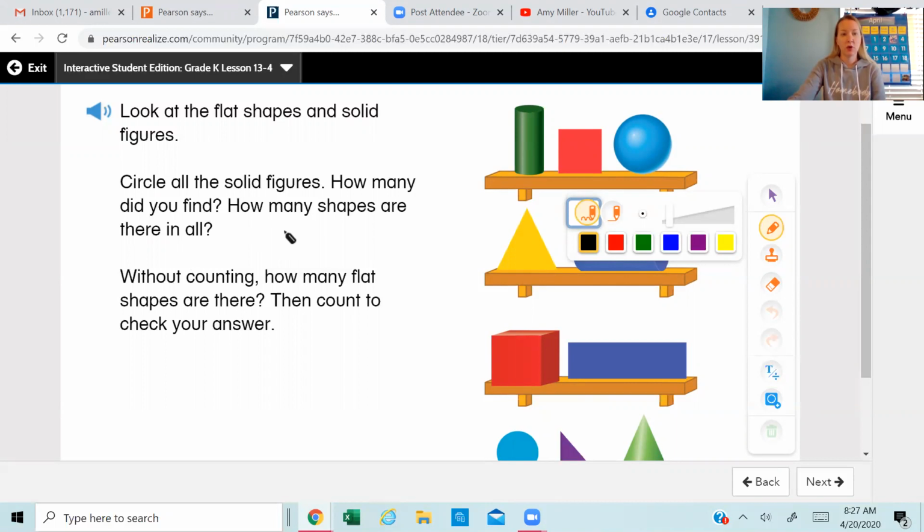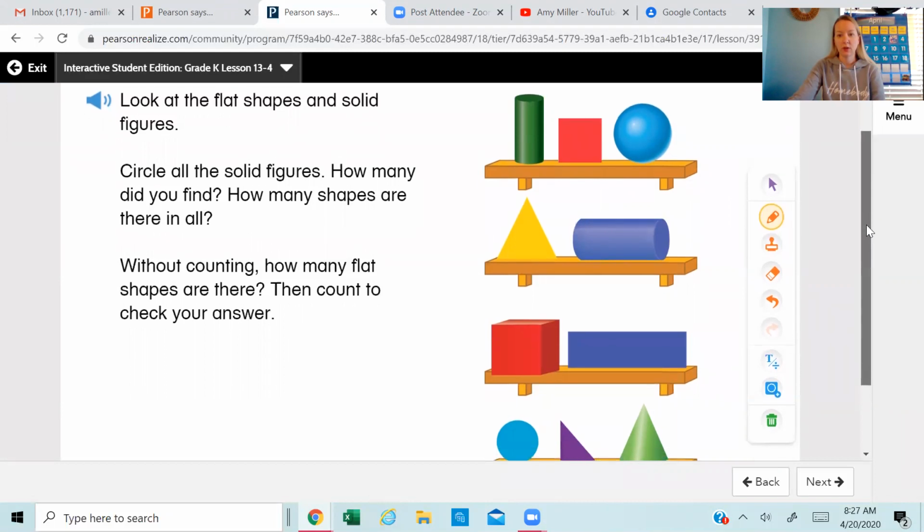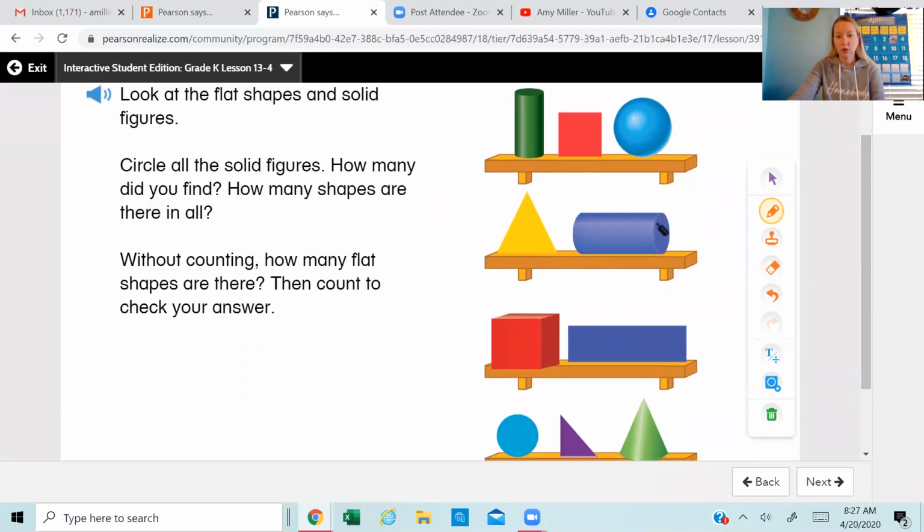It says circle all the solid figures. And remember, when we're looking at a solid figure on our paper, you can usually see a little bit of extra dimension. You might see a couple extra shapes or these little glares that they show to kind of show that it's rounded. Or this cube right here. See how we can see three different sides of it? So usually you can see more than one side except the sphere.